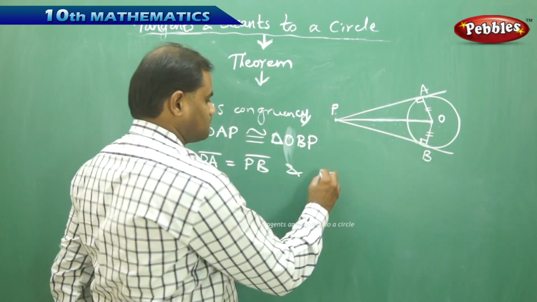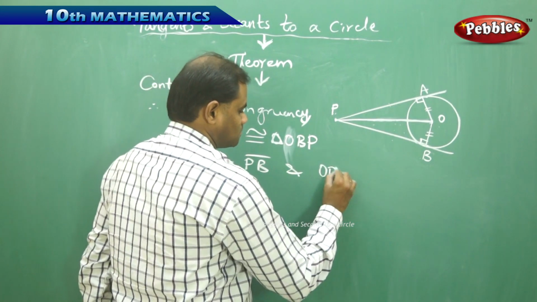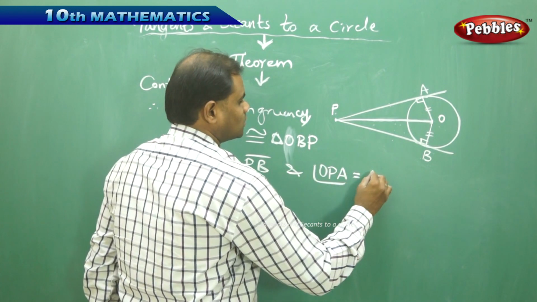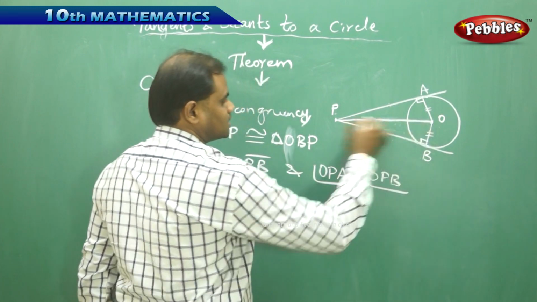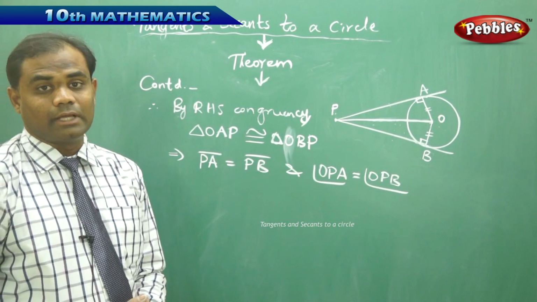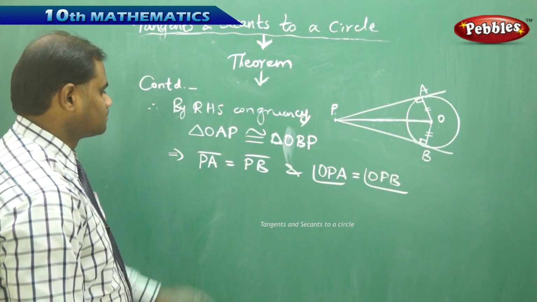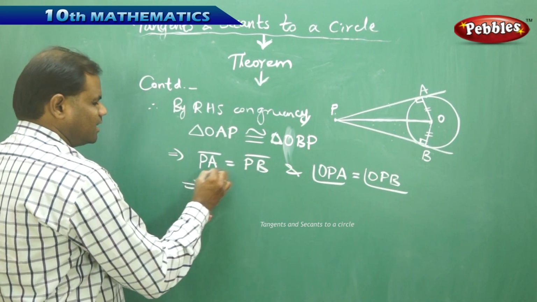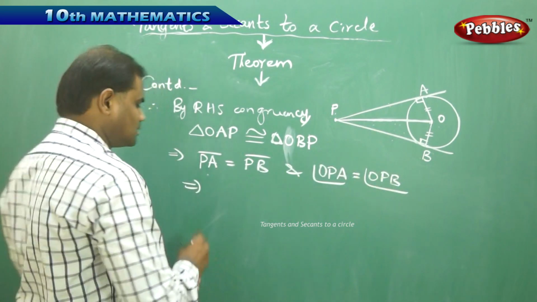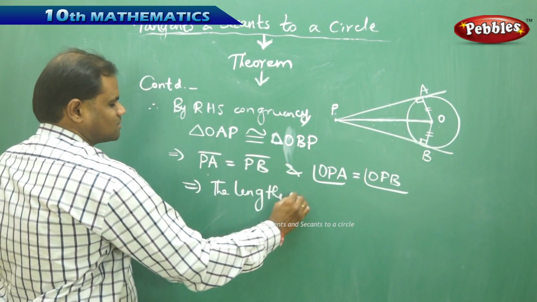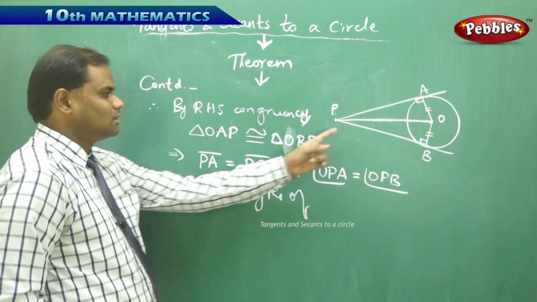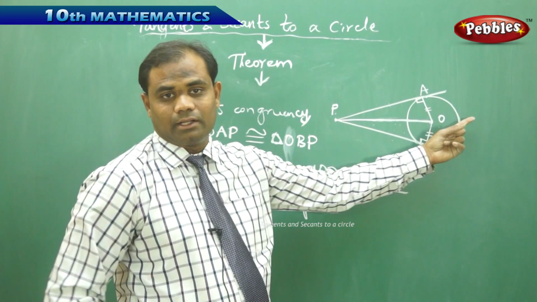angle OPA is equal to angle OPB, as can be clearly seen. The angle bisects. Now this PA equal to PB implies the lengths of tangents from an external point to the circle are equal.